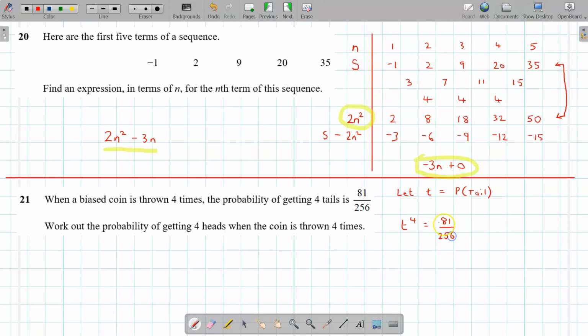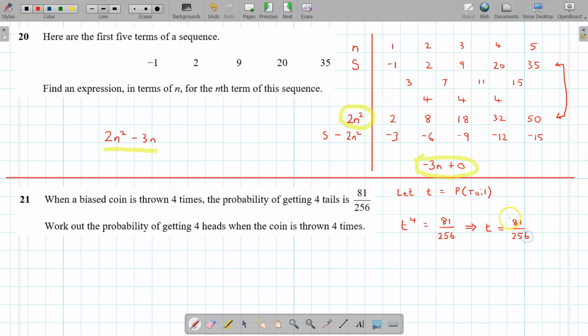Because if I was working out the probability of getting 4 tails, it would be t times t times t times t. And if that's true, then t is the 4th root of that, which is the same as saying 81 over 256 to the power of a quarter.